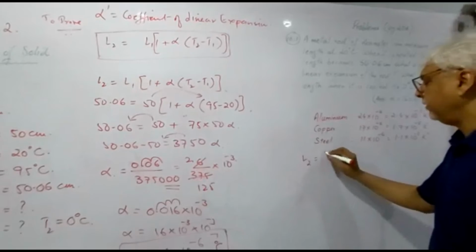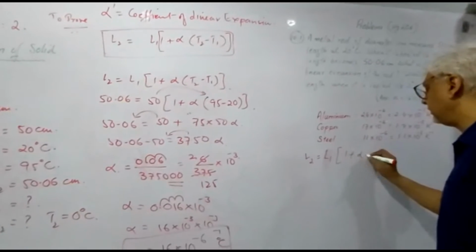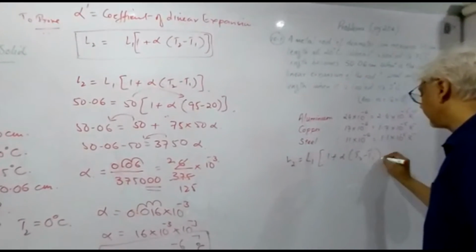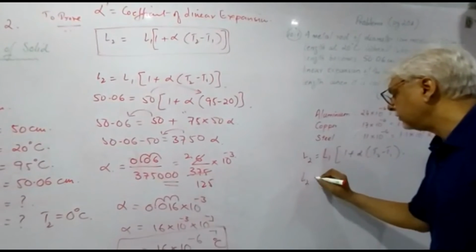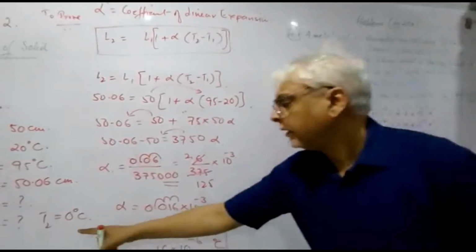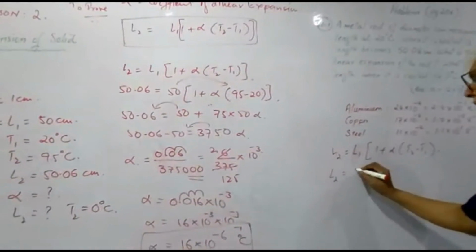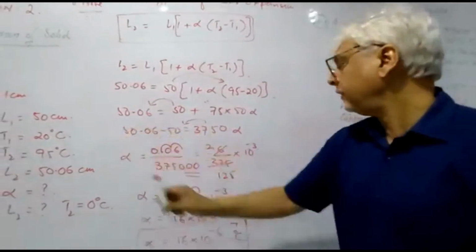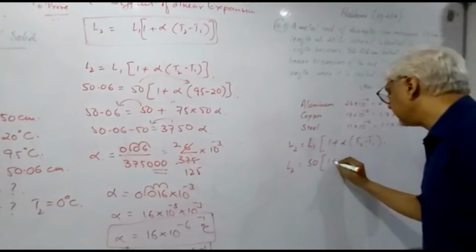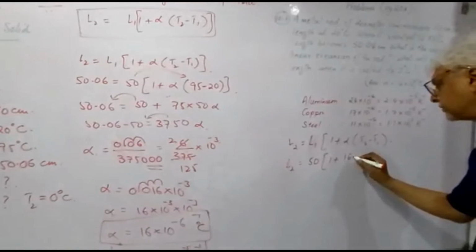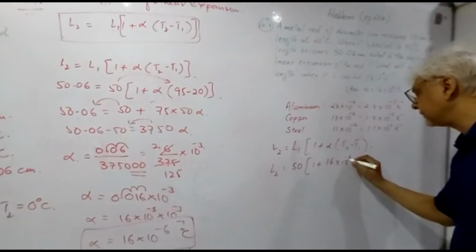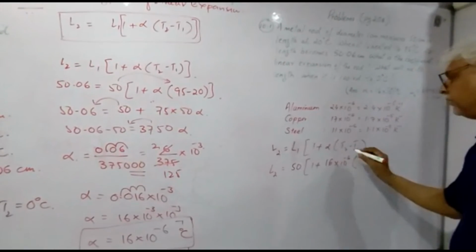L2 is equal to L1 into 1 plus alpha times T2 minus T1. So L2 is what you have to find out. The original length is 50 centimeters, as you can see over there, into 1 plus the coefficient of linear expansion we know is 16 times 10 to the power of minus 6, and T2 minus T1.